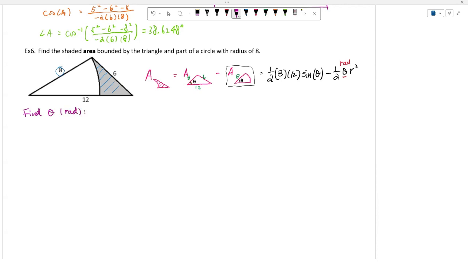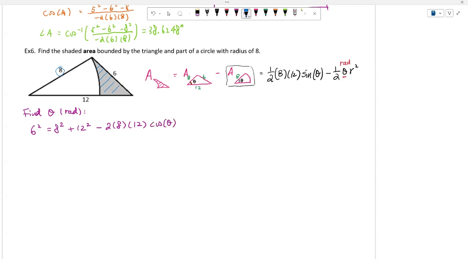Then we have the opposite side 6 and the angle theta. So we could set it up: 6 squared equals 8 squared plus 12 squared minus 2 times 8 times 12 times cosine of theta.